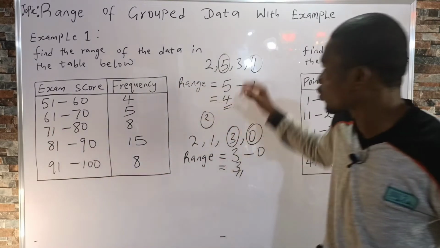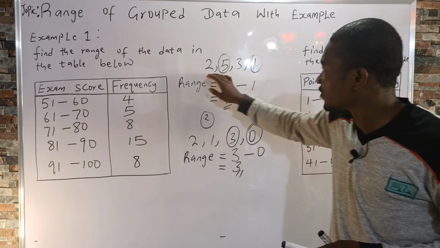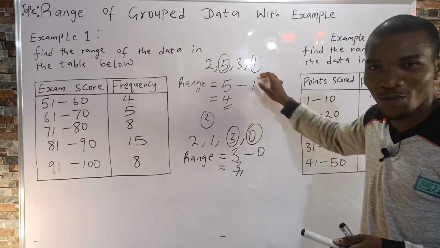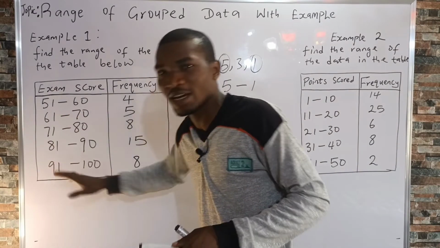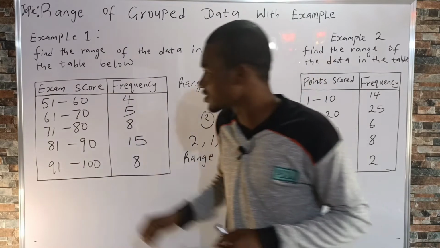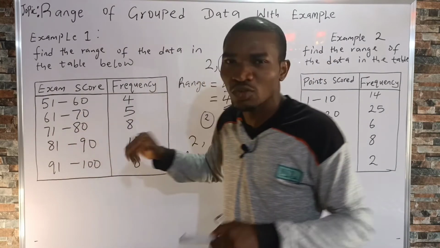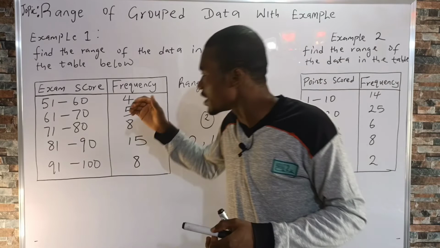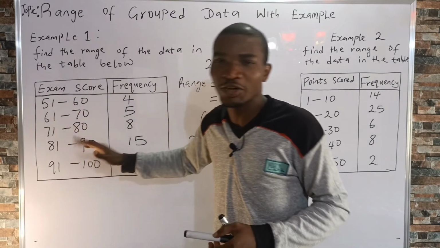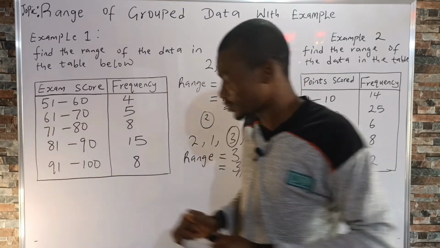Unlike what we have here, where we have individual scores 2, 5, 3, 1, coming here, they are in interval. You cannot easily predict the individual scores here. So how do we find the range of a grouped data of this form? It is very simple to do.